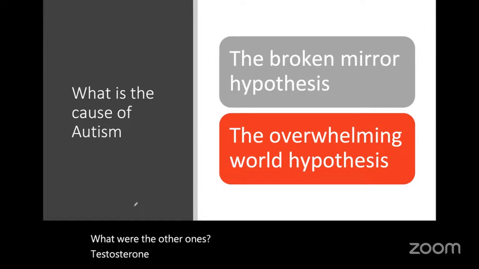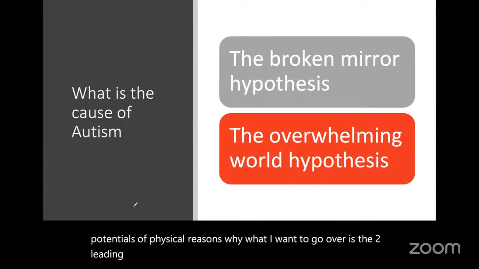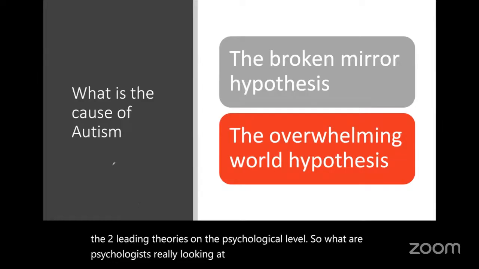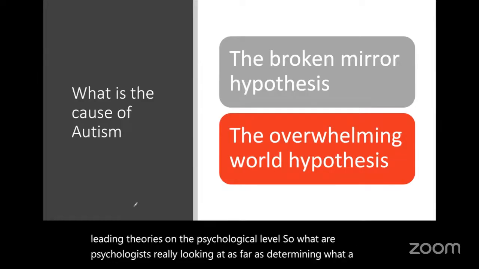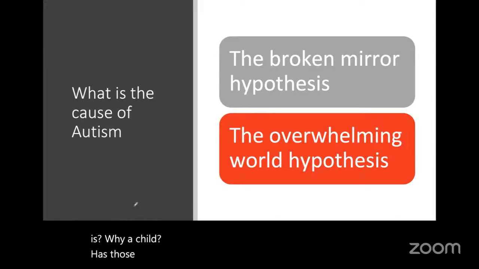All of those are being investigated as potential physical reasons why. What I want to go over is the two leading theories on the psychological level. What are psychologists looking at in determining why a child has those autistic and social symptoms?